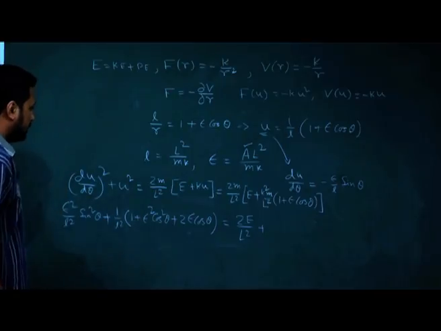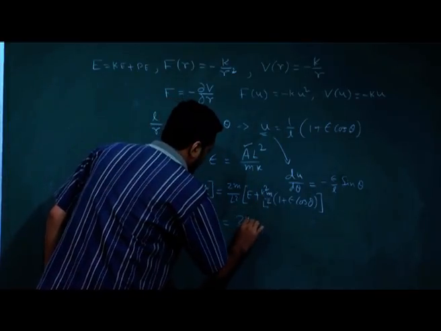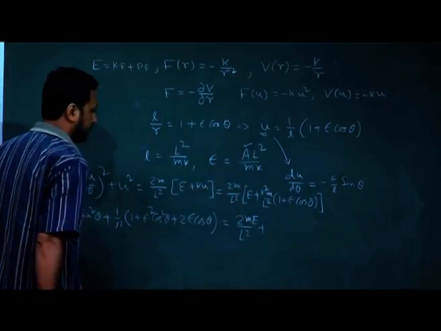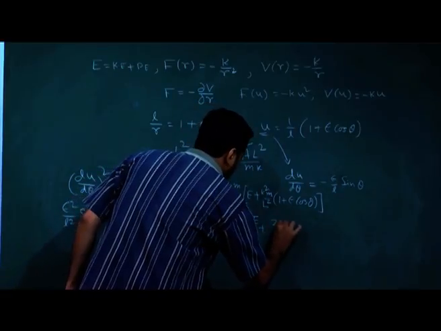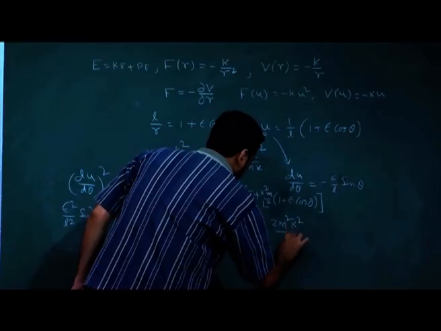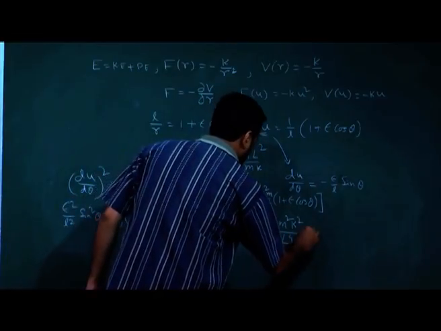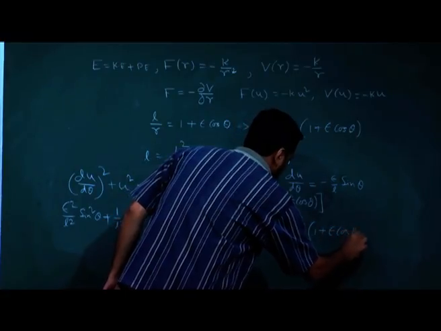Right. Now, if we open the bracket, the first term will be 2mE by L square. In the second term, we will have 2 m square k square by L to the power 4 into 1 plus epsilon cos theta.